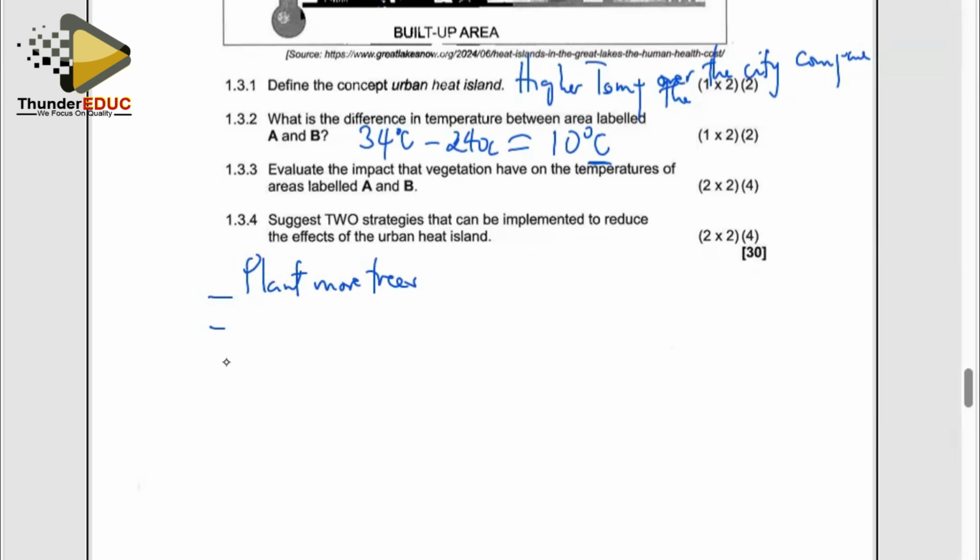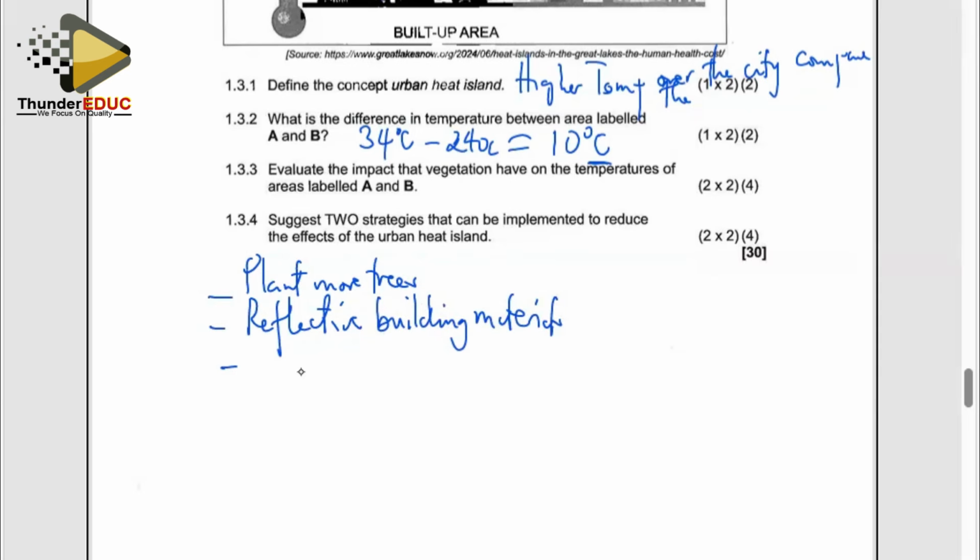Then we can also look at use of reflective building material and paintings. If we use material that are reflective, it will add to a positive impact.